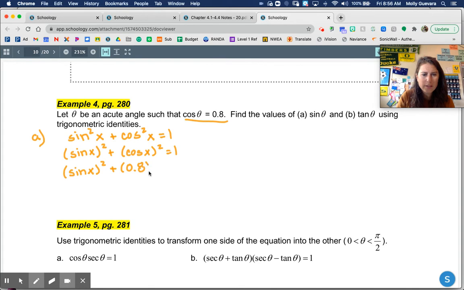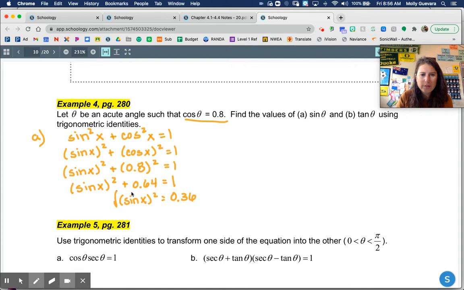Cosine of x is 0.8 squared equals 1. Using my calculator, I have sine of x squared. 0.8 squared is 0.64 equals 1. I'm going to subtract that to the other side. So I have sine of x squared equals 0.36.